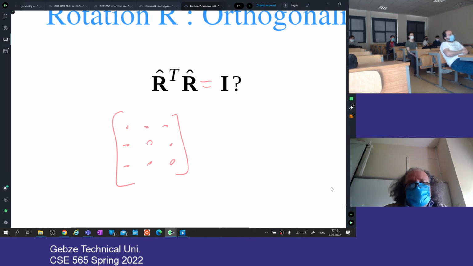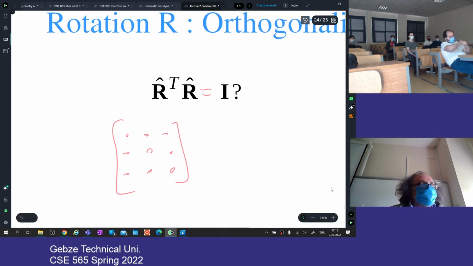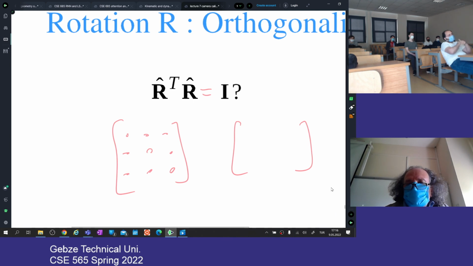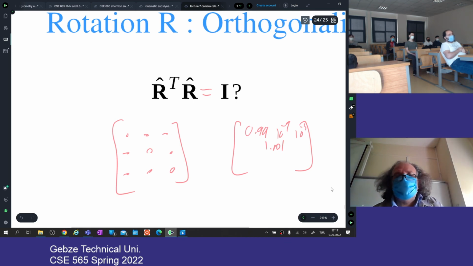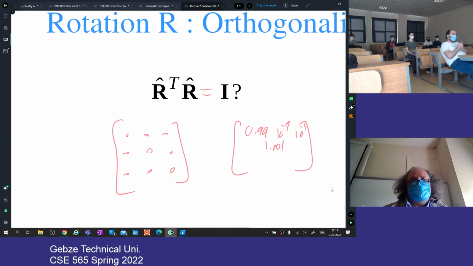Since you have numerical errors, measurement errors and that kind of stuff, you will not get a perfect identity matrix. It will be something like 0.99 something, 1.0001 something, and the off-diagonals are very close to 0, but it's not a perfect identity matrix.